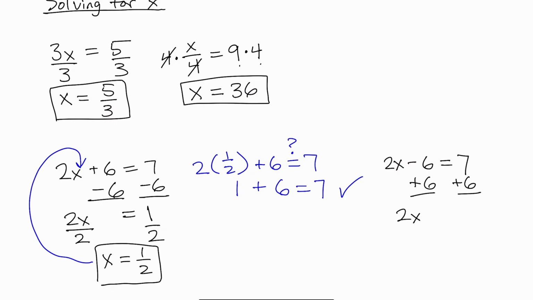And now we get 2x equals 13. How do we get x by itself on the left side? We can divide both sides by 2 so that these 2's cancel out, and we get x equals 13/2.